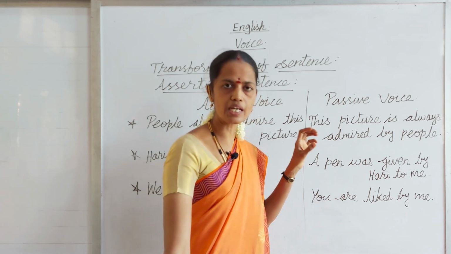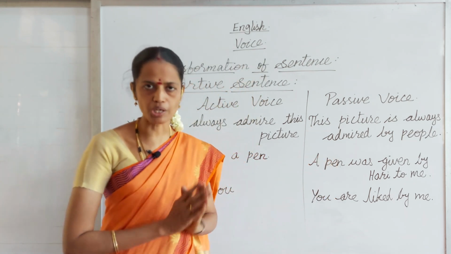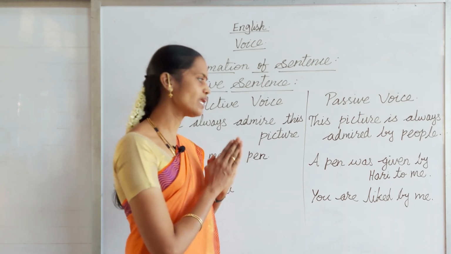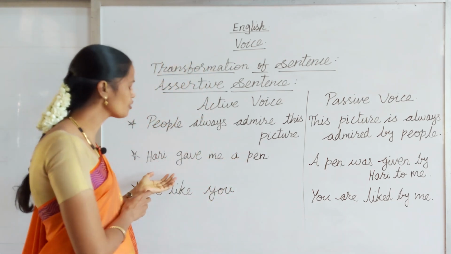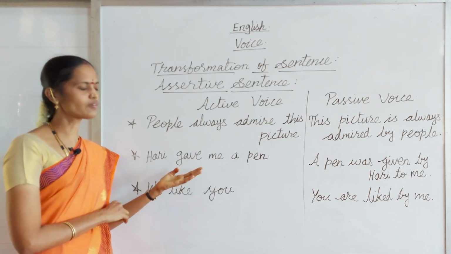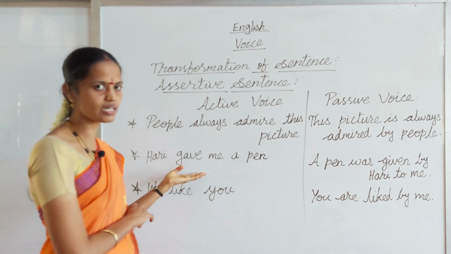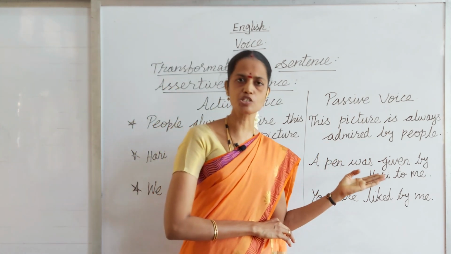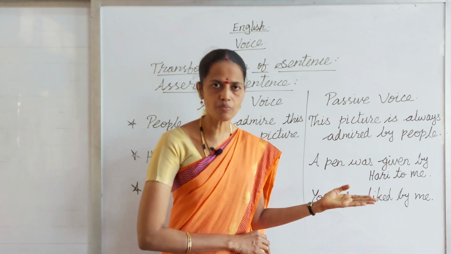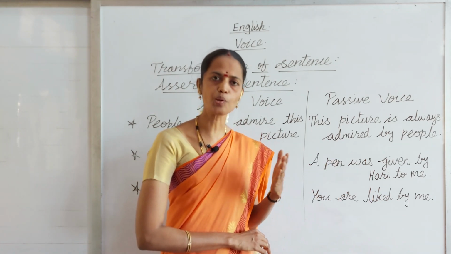Only the direct object is brought to the place of the subject. Then, as usual, we change the form of the verb. Here the verb is given in past form. If the verb is in past tense, while changing it into passive voice we have to introduce the be form of the verb, either "was" or "were."